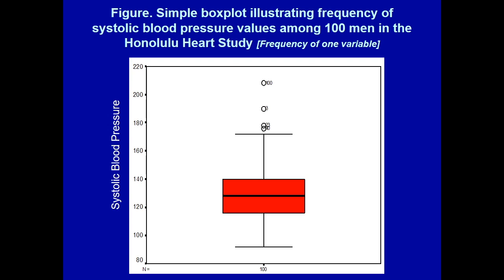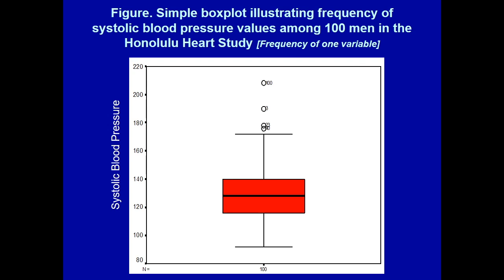This is an example of a simple box plot which illustrates the frequency of systolic blood pressure values among 100 men in the Honolulu Heart Study. So it's a one variable box plot. This one is listing the systolic blood pressure on the y-axis, so from 80 to 220 was our range of values.